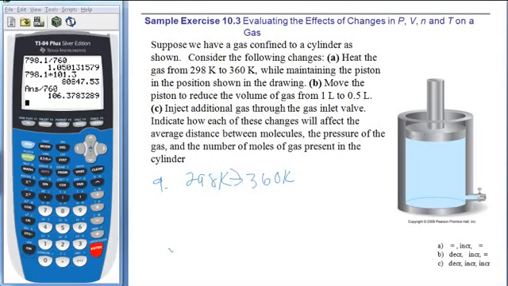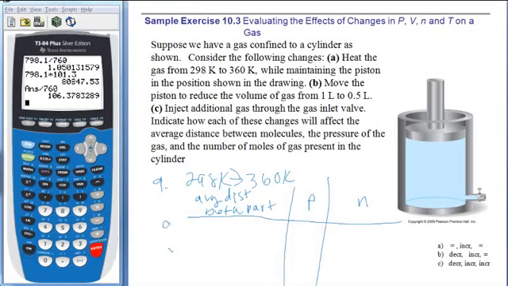For each of these we want to know how these changes will affect the average distance between particles, the pressure of the gas, and the moles of the gas. So here we have the three things we're looking for.